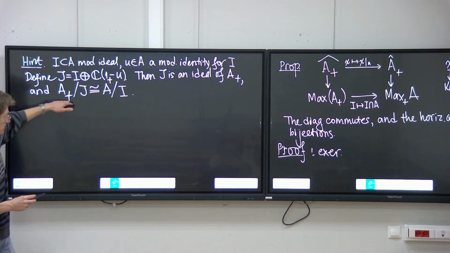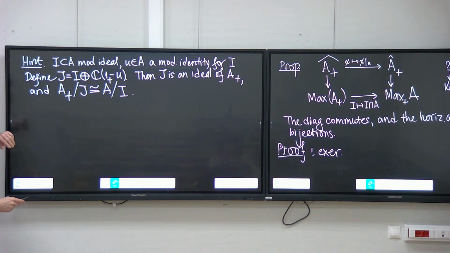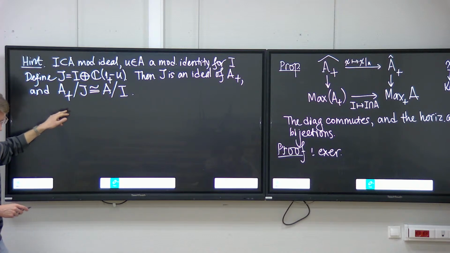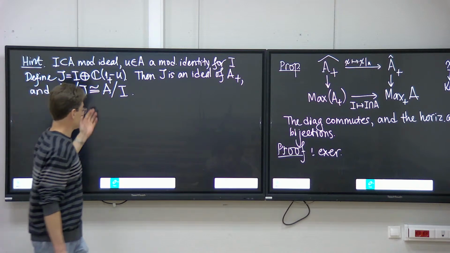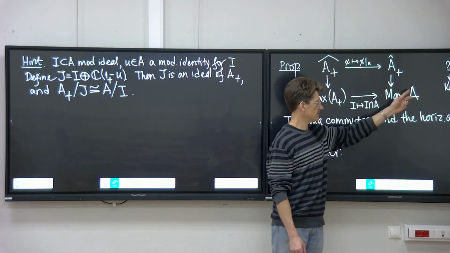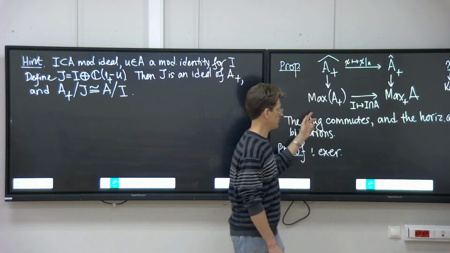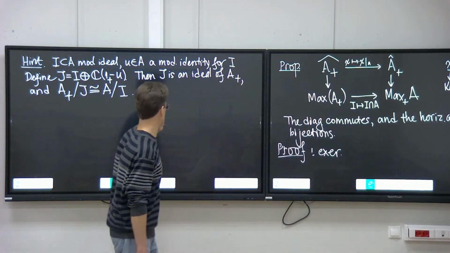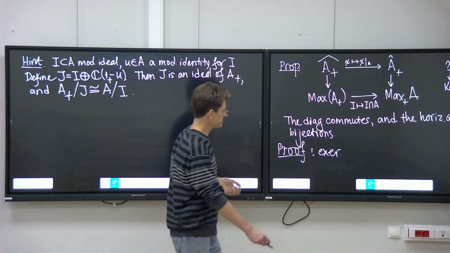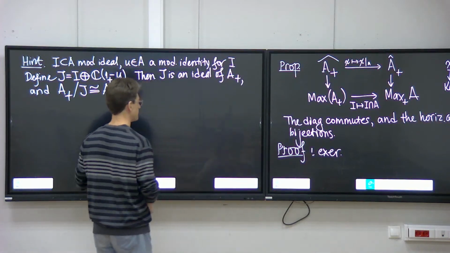In particular, this isomorphism implies that I is maximal if and only if J is maximal. So this is a field if and only if this is a field. And this hint shows how to prove the surjectivity of this map. We take a maximal modular ideal of A, and we construct a maximal ideal of A plus by using this formula. Okay.